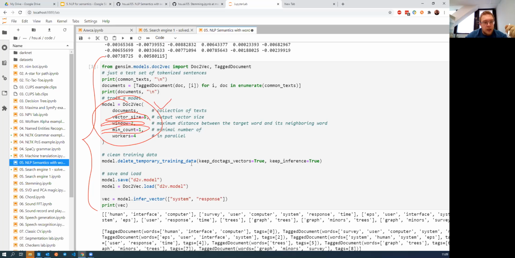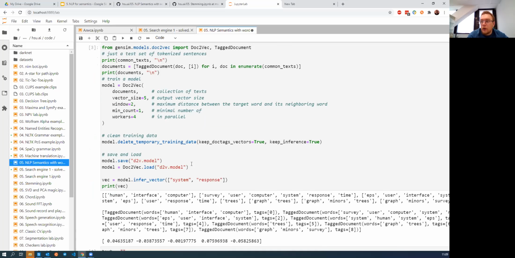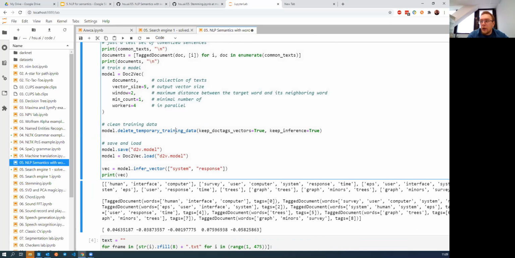To bring down the size of the dictionary, you remove the less frequent words. Here it means that we consider all the words, but usually this number is around 10 or 5, meaning that words met less than 5 times in the whole collection of text will be omitted. And workers is the parameter which says how many threads you will use to train the model. So those are ways of initializing the network, and you can train it for your task.